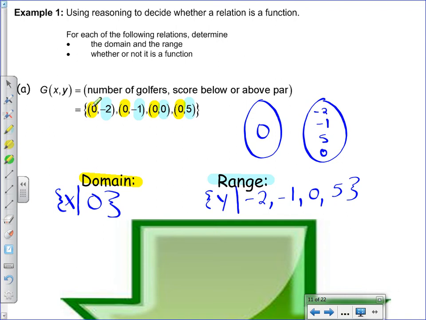And if I look, 0 is being mapped to all of these. So it's not a function. You're going to tell me whether it's a function or not, because that's what it's asking. Nathan? Not for this. I'll get to it.